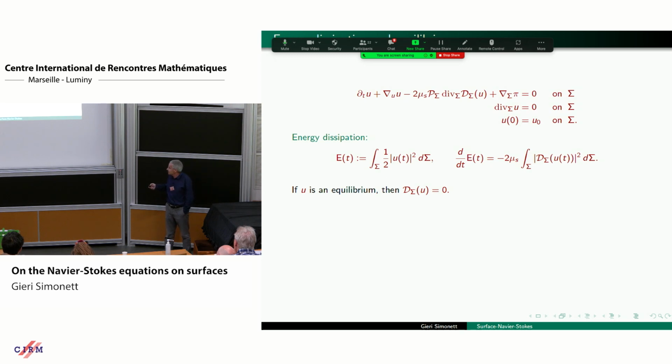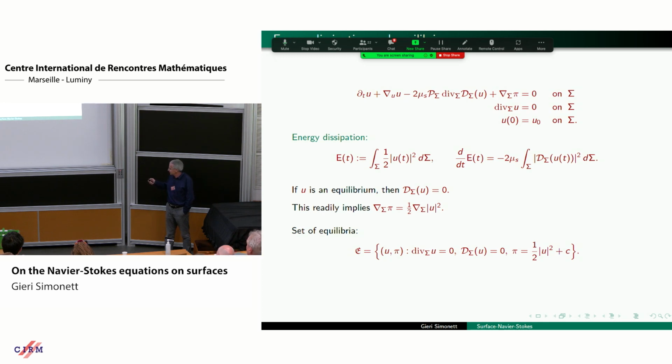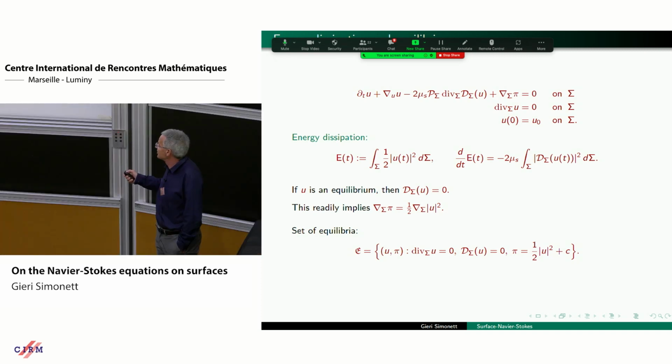Before I do that, I will go back and say, once you decide at equilibrium that the du here vanishes, then you can convince yourself that there is a relationship between the pressure and the gradient of the square of the velocity.